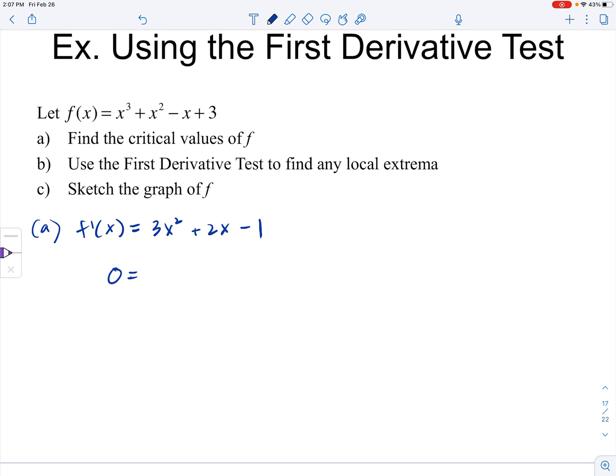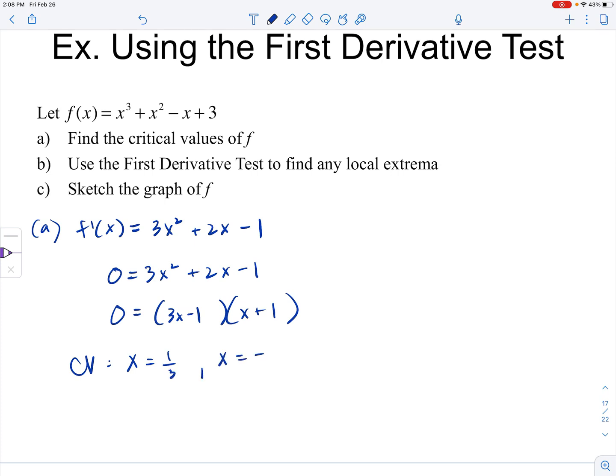The derivative of a polynomial function is a polynomial function, so there's not going to be anywhere that the derivative is undefined. We just need to find the values that would make it equal to 0. And we can factor. So we get that our critical values are x equals 1/3 and x equals -1.